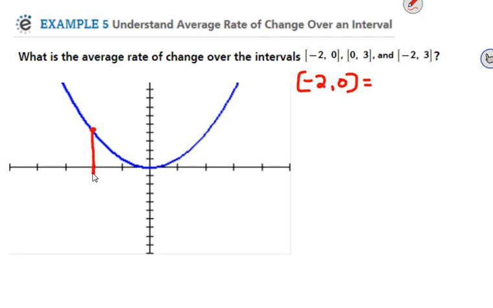We're going to go to this point, and it has a y coordinate of 4, all the way to the x coordinate of 0, which has a y coordinate of 0. So what is our rise over our run? Well, our rise is -4, because we're going down 1, 2, 3, 4. And our run is 1, 2. So the average rate of change of this first interval is -2.